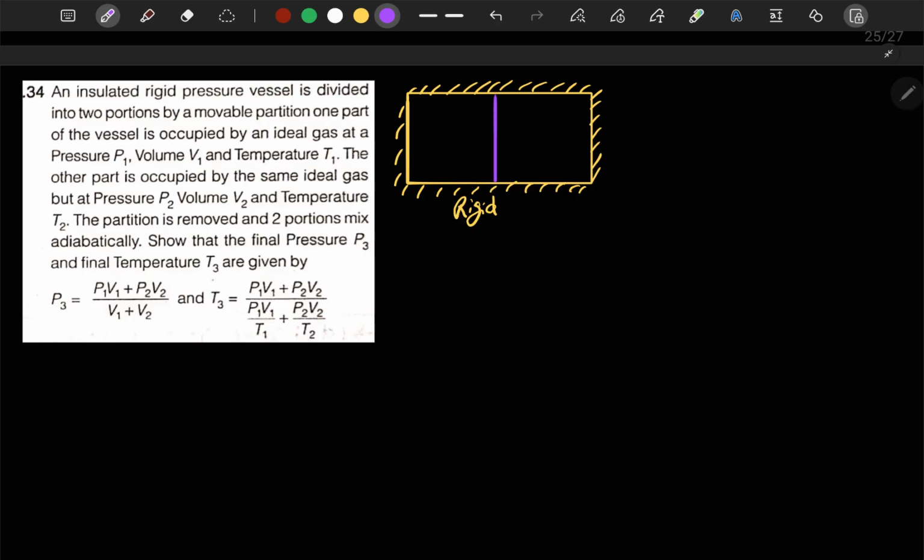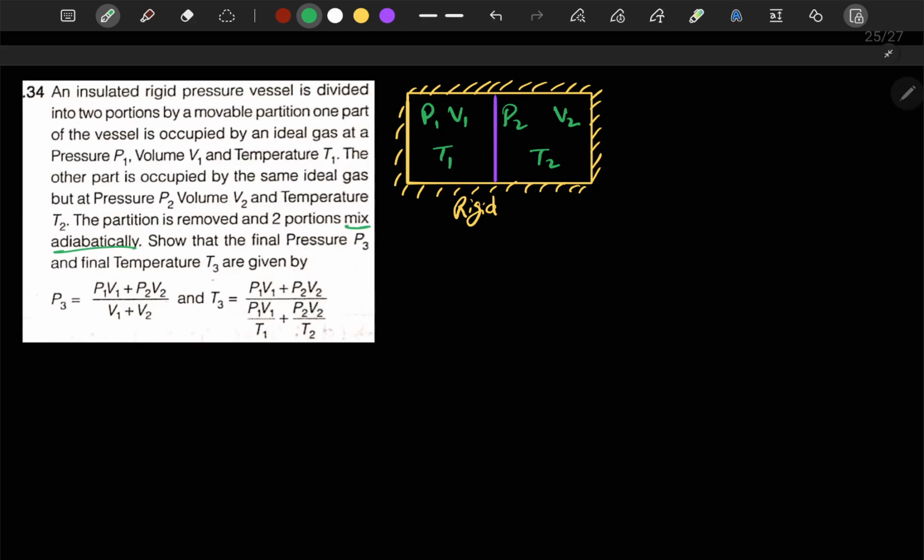One part of the vessel is occupied by an ideal gas at pressure P1, V1, T1, and another part is occupied by the ideal gas at pressure P2, V2, and T2. Now the partition is removed and the two portions mix adiabatically.